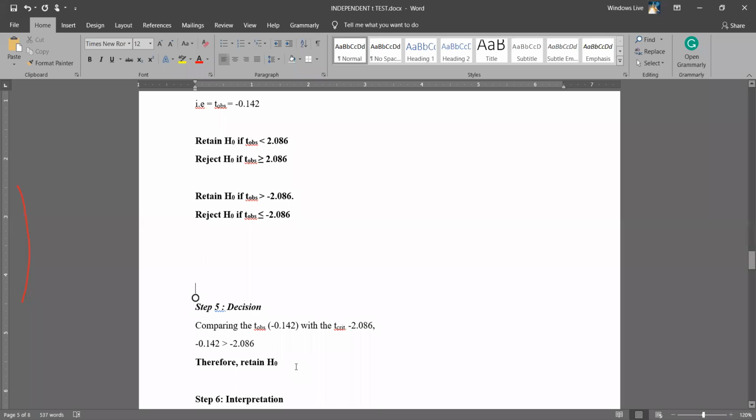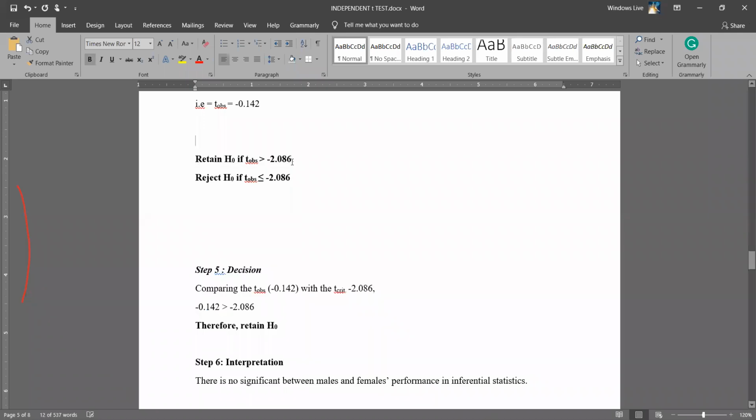We were emphasizing T observed, and we know that T observed is minus 0.142. So our T observed is negative, which means our focus should be on the negative decision rule, and we ignore the positive ones.